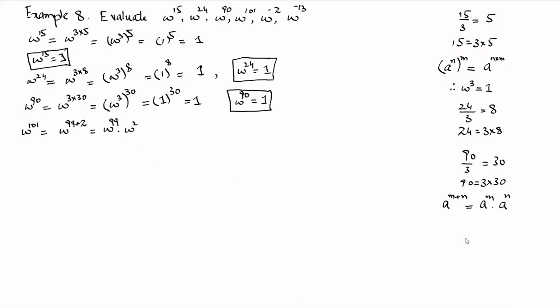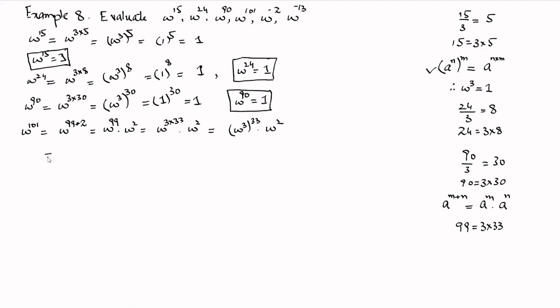Now we will divide 99 by 3, which is 33. So 99 can be written as 3 into 33. Omega 3 into 33 multiplied with omega square, that is equal to omega cube raised to the power 33 multiplied with omega square, by using this property of quotient.